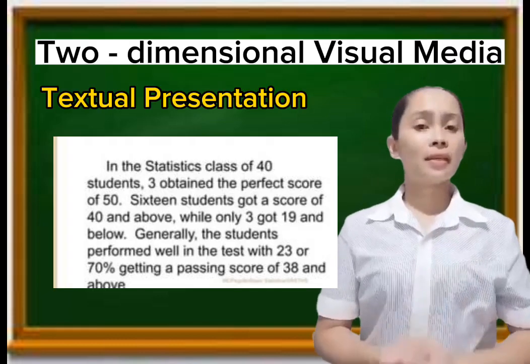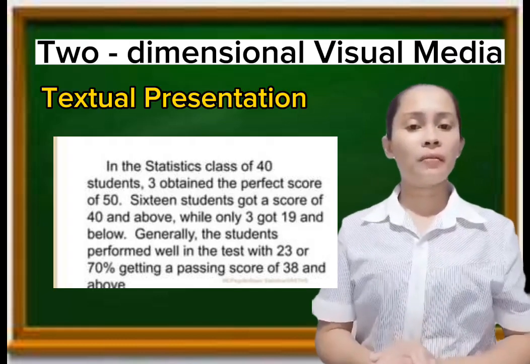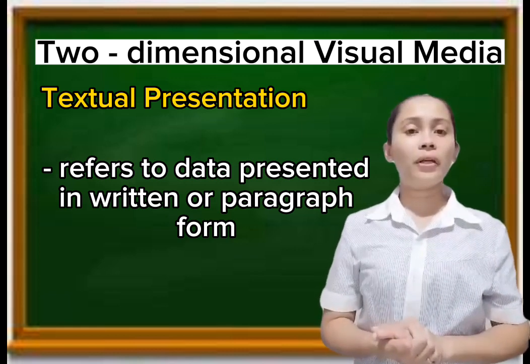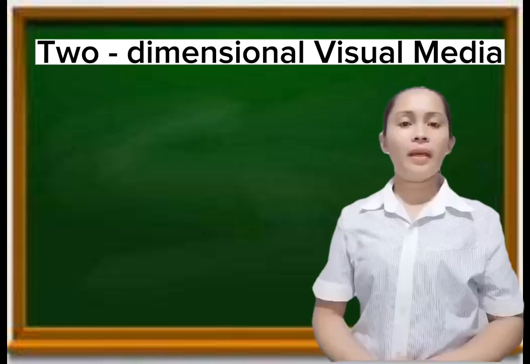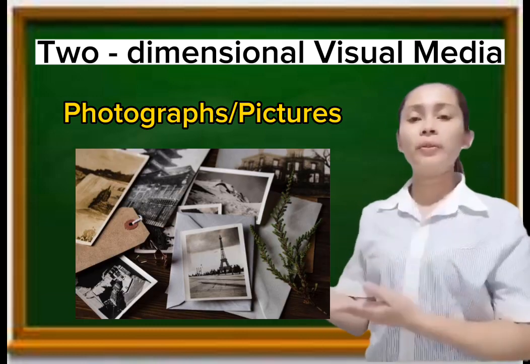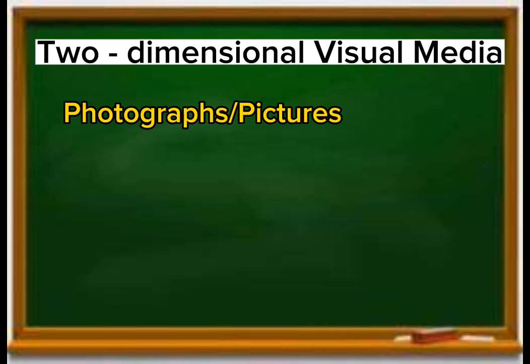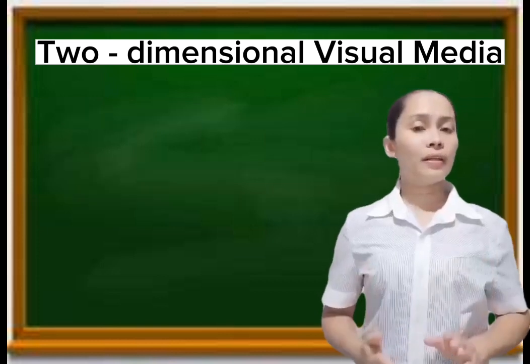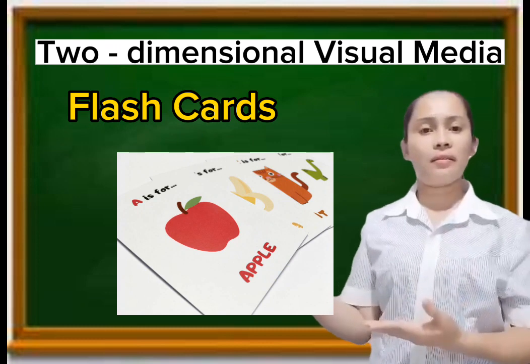Example, textual representation. This refers to data that is presented in written or in paragraph form. Next, we have photographs or pictures. Photographic representations of people, places, and things. Another one is flashcards.